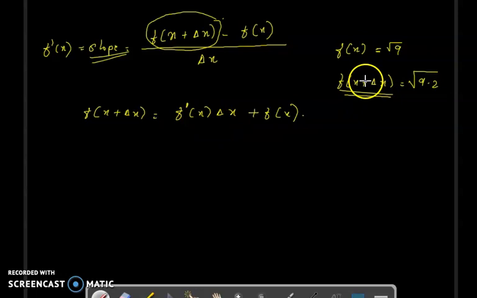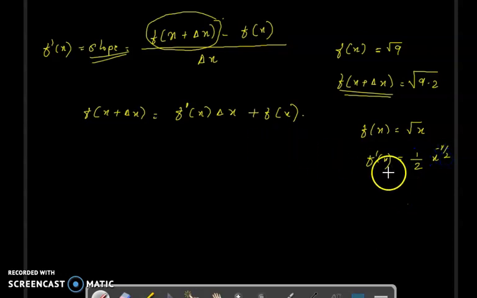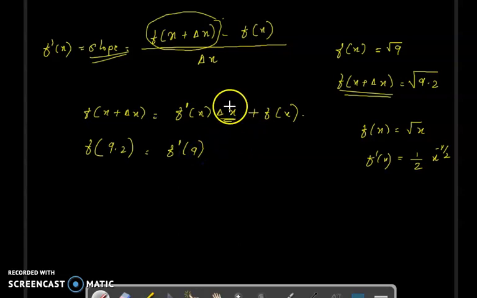F of x is the square root of x, and its derivative is 1 by 2 times x to the power minus 1 by 2. Here x plus delta x is 9.2, so delta x is 9.2 minus 9, and we need f dash of 9 times delta x plus f of 9.